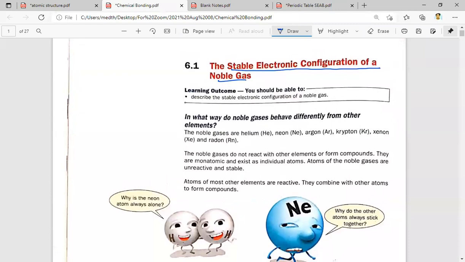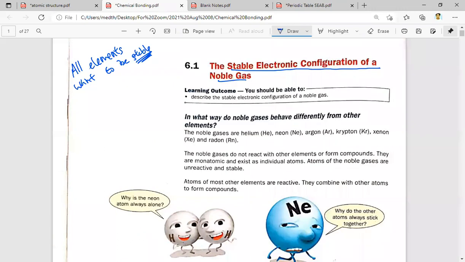The key idea here is all elements want to be stable. However, not all of them start off naturally as being stable. So when you say all elements want to be stable, what do you mean by stable?